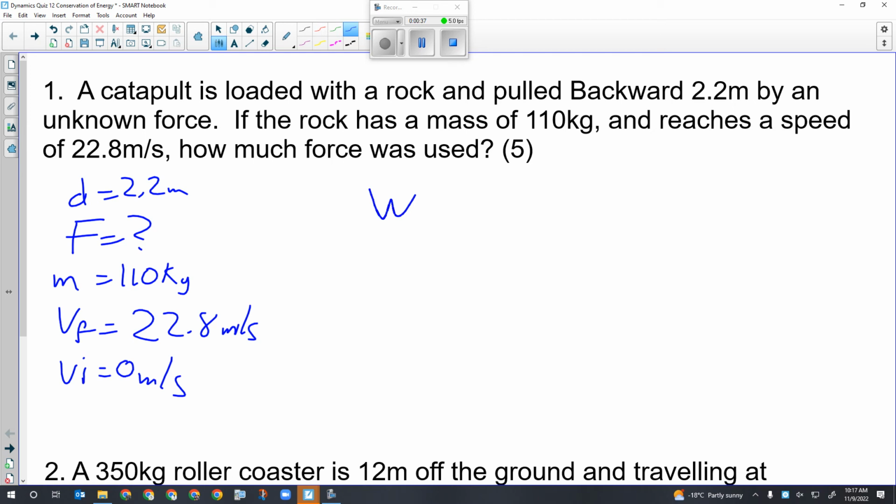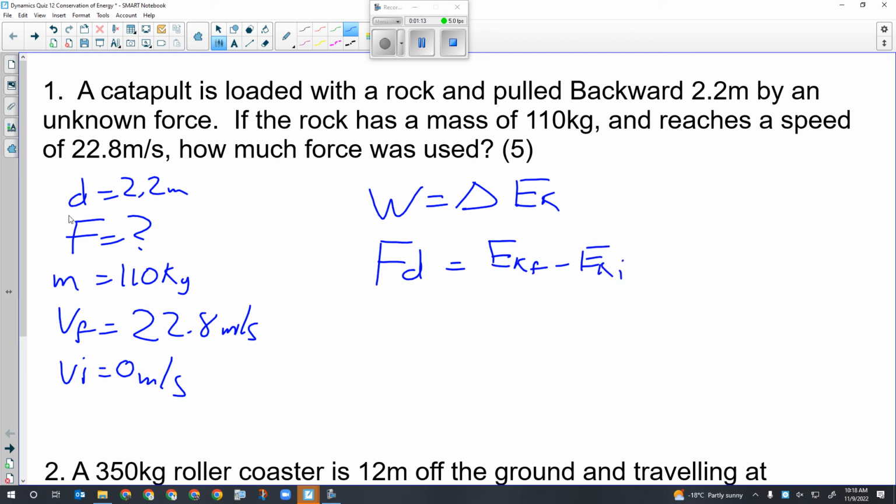Well, obviously we're going to be changing the mechanical energy of the rock, specifically the kinetic energy of the rock, because it doesn't mention anything about the rock traveling vertically, even though obviously with a catapult that's what it would do. So we're going to say the force times the distance equals EK final minus EK initial.